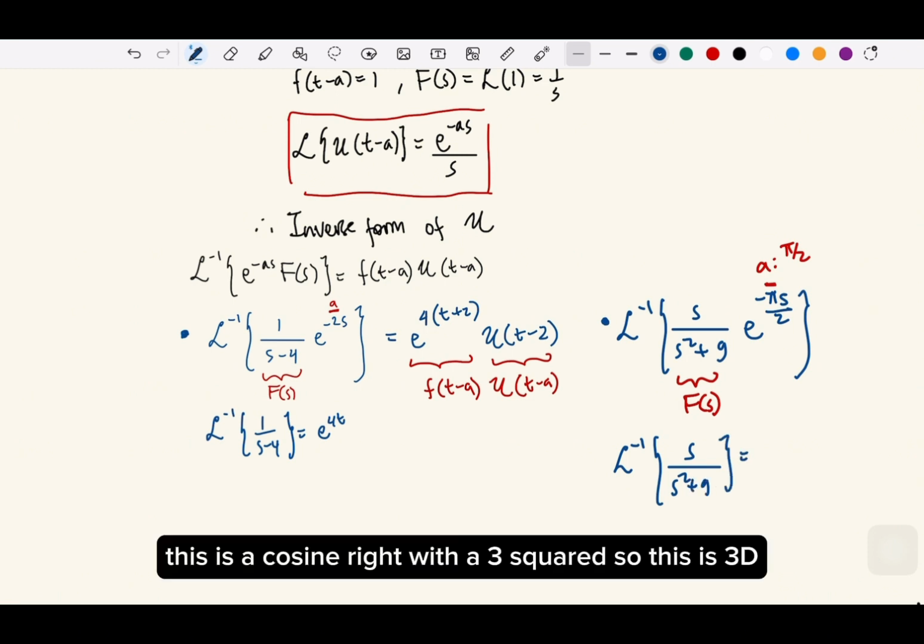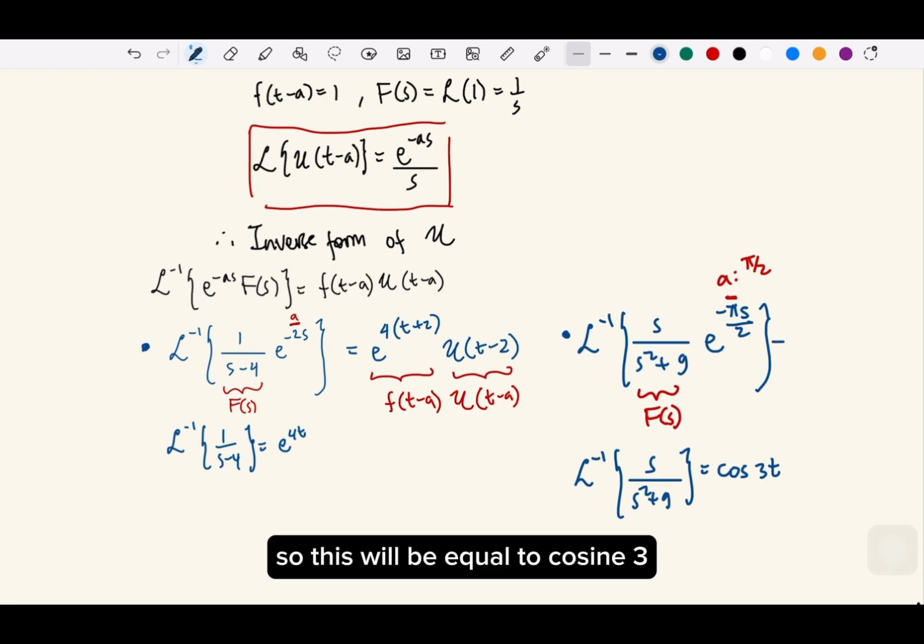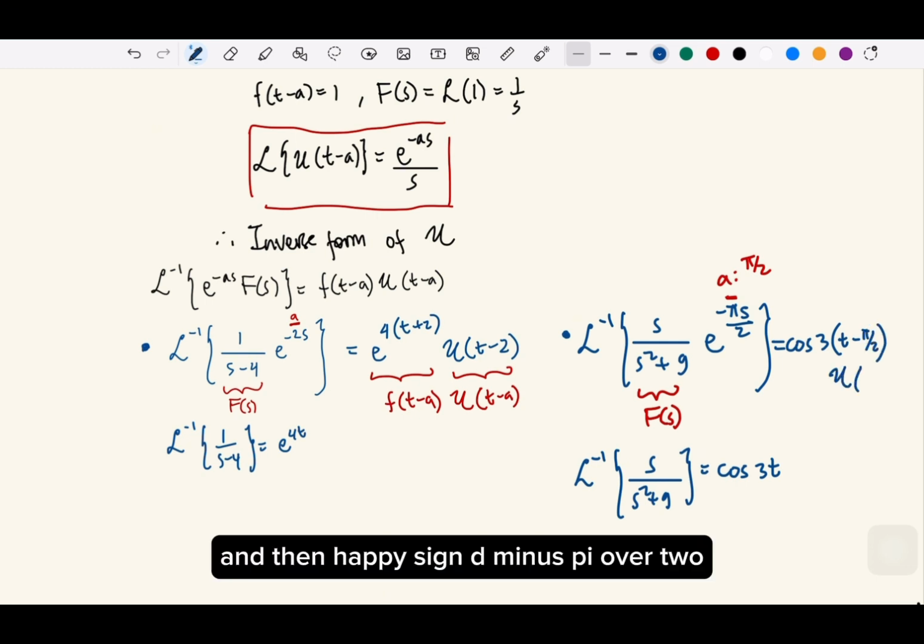This is cosine, right? With 3 squared, so this is cosine 3t. So this will be equal to cosine 3 times (t minus pi over 2), and then the Heaviside of t minus pi over 2.